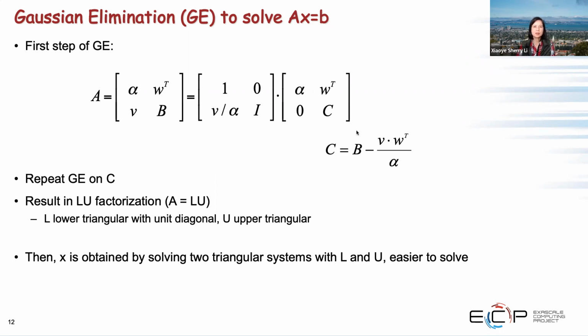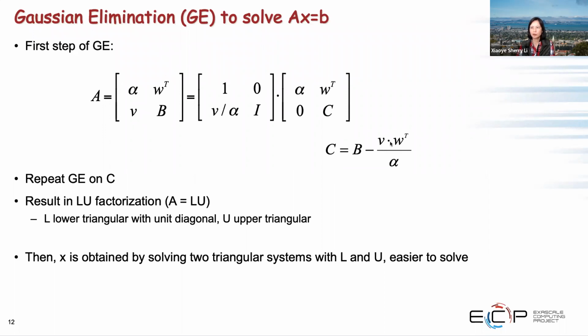The first step in GE is you take the diagonal element as a pivot. You do the scaling using this diagonal element to scale the row, and then use this column and the row vector to do this update to the Schur complement, which is of size n-1.